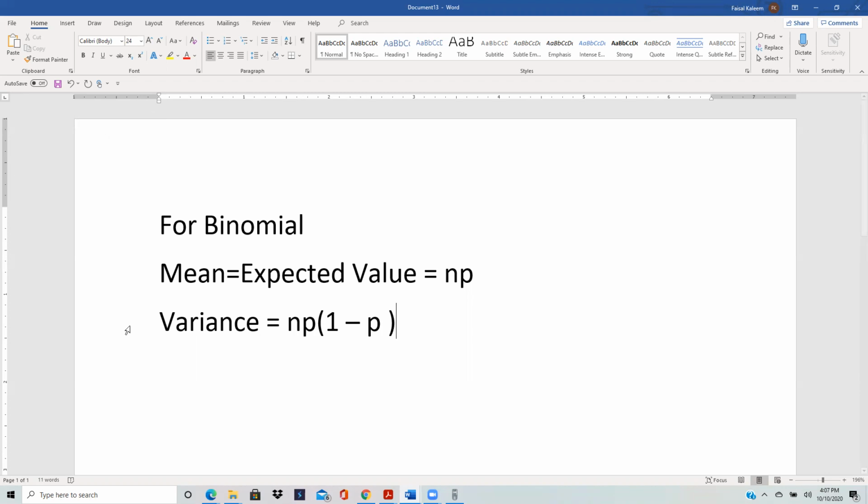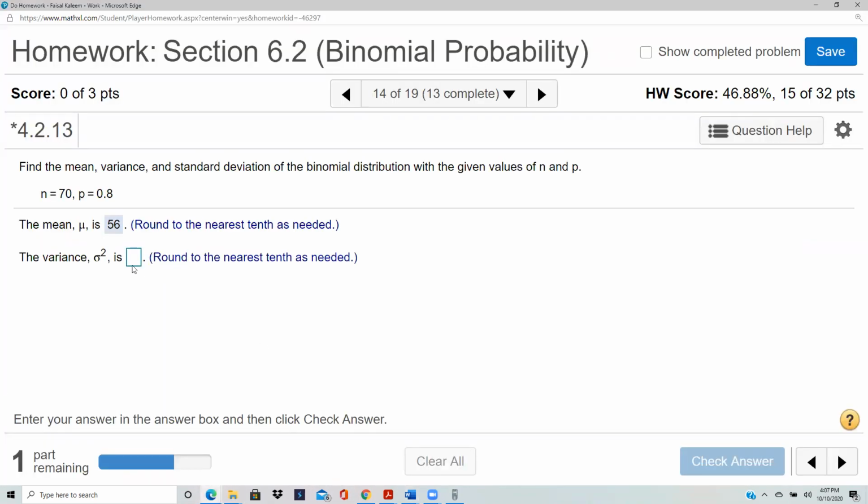And the standard deviation will just be the square root of the variance, or the square root of np times 1 minus p. So variance, you know, is np times 1 minus p.